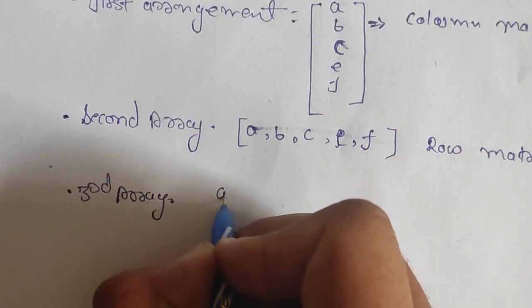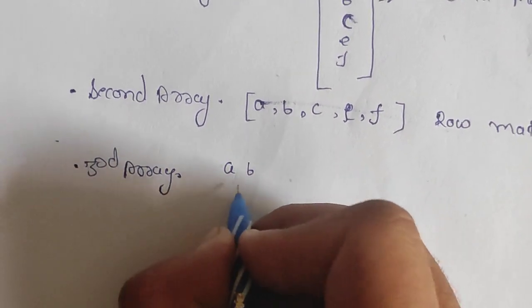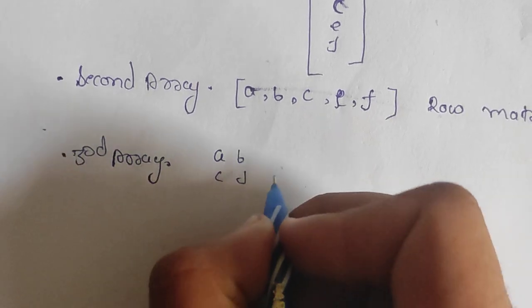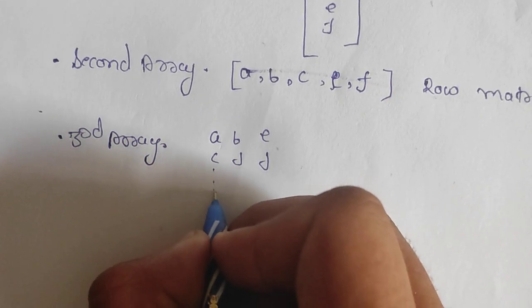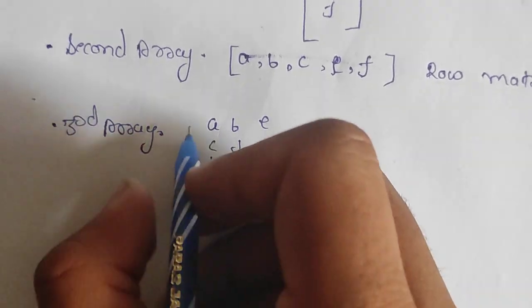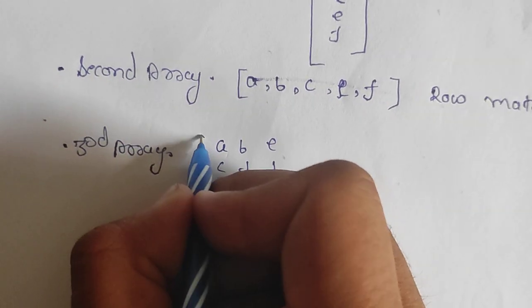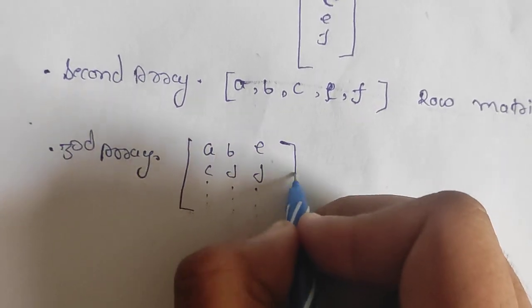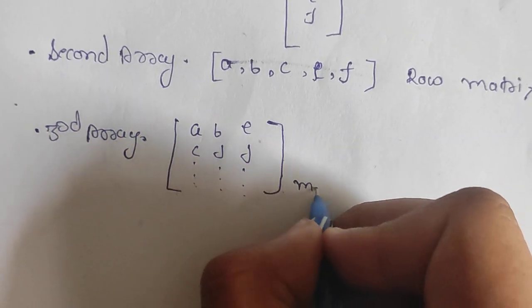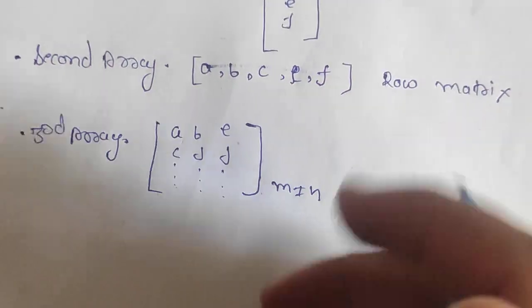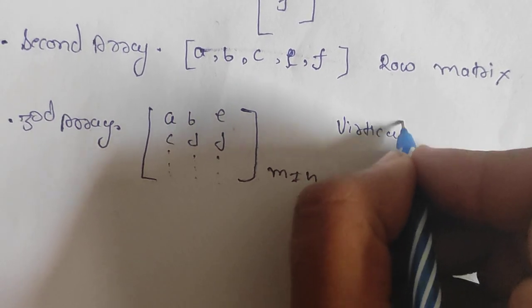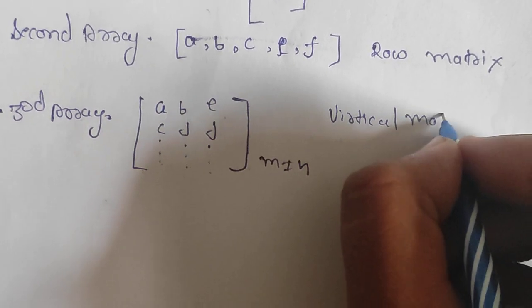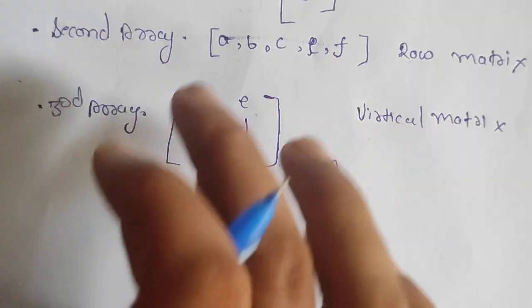So it's like A B C D E F or many more, but not in a square way. This type of arrangement, where m is not equal to n, we can say is a vertical matrix, because it is arranged vertically.